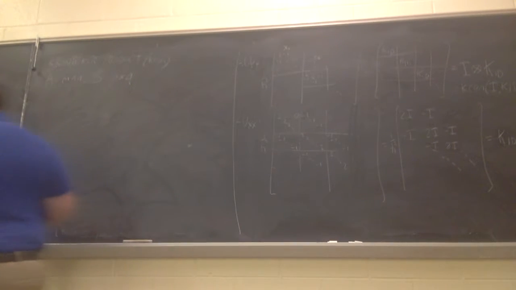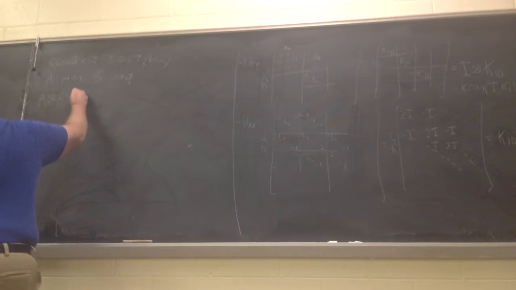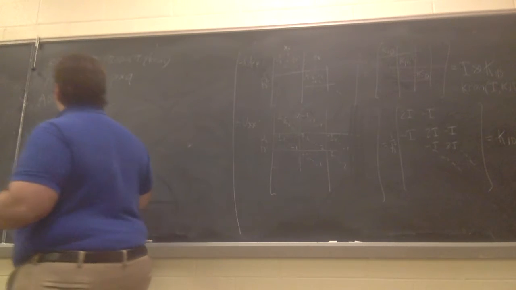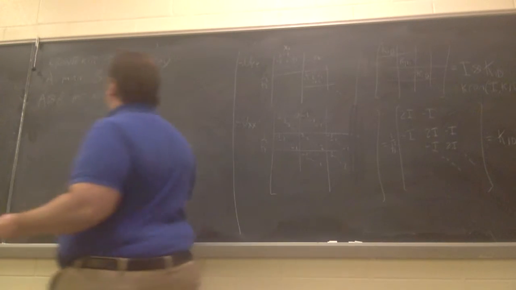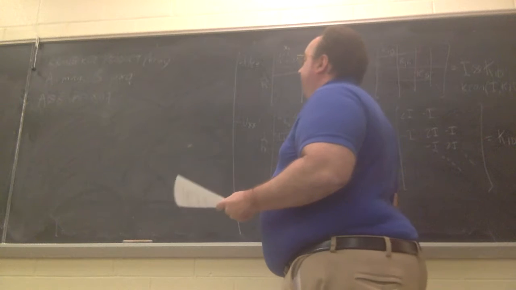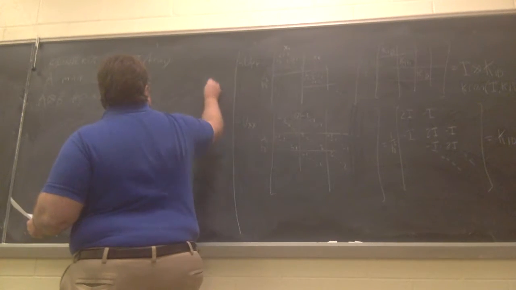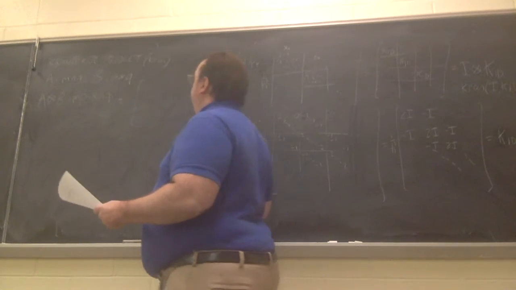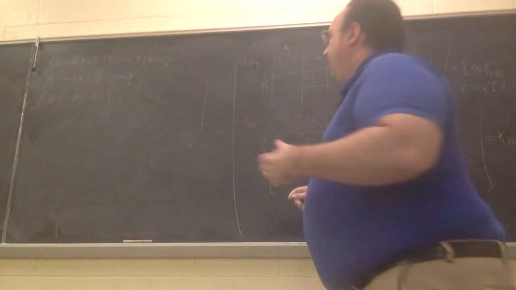So A Kronecker product B is going to be m times p, so the row dimensions get multiplied, times n times q, so the column dimensions also get multiplied. Here's a good way to look at it.